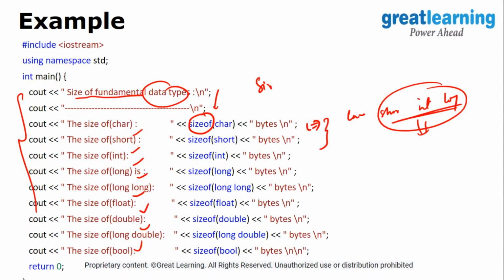Okay, so it is 1 byte, and then its range will vary from 0 to 255. No, Ayushi, it's not 4 bytes. So short is 2. Now integer and long will all have 4 bytes.